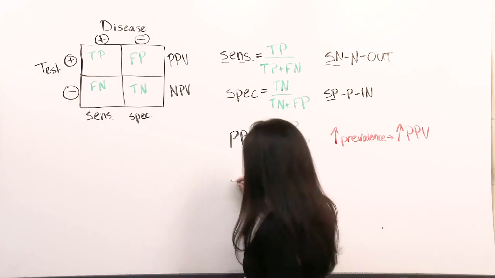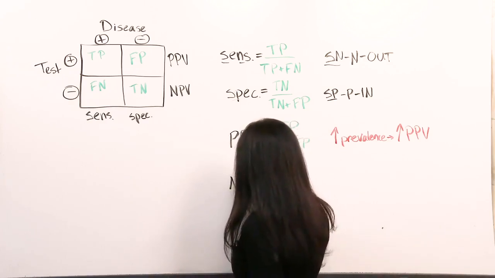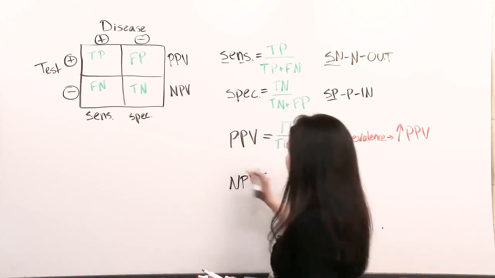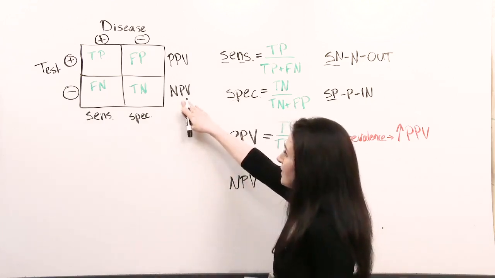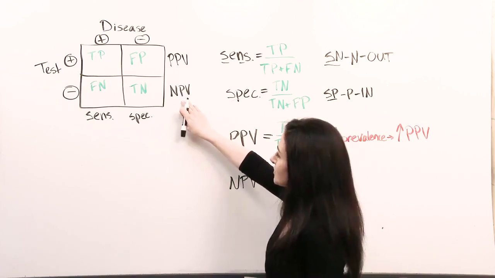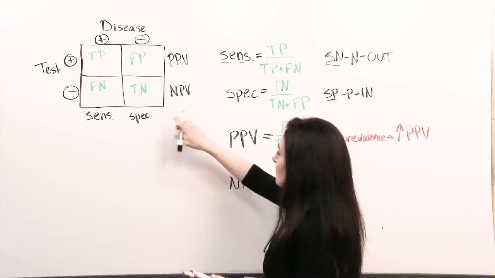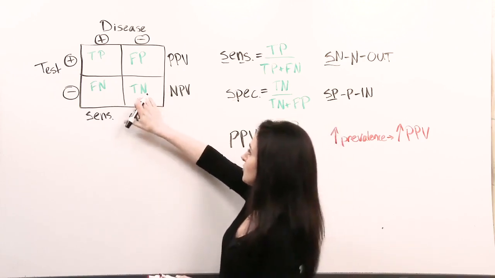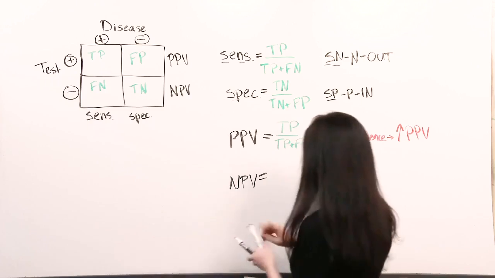Let's move on to negative predictive value. Negative predictive value is here at the end of the negative test result row. And remember that true goes on the top, so our true within this row is true negative.